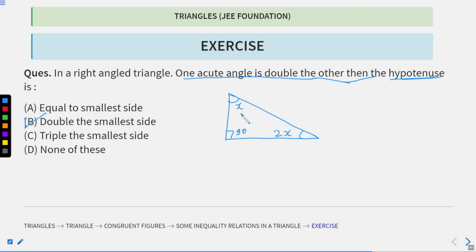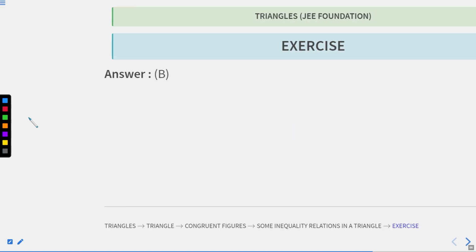If you are given a right angle triangle and one acute angle is double the remaining angle, then the hypotenuse is double the smallest side. I hope this was the proof for that and you understood it. Okay, so let's move to the next.